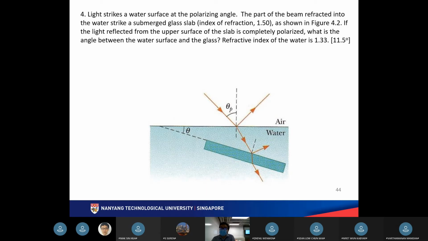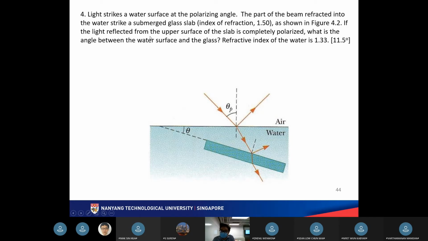Now we have light striking a water surface at the polarizing angle. The polarizing angle is the Brewster angle, so clearly this question tests the application of the Brewster formula, tangent theta equals n2 divided by n1. The part of the beam refracted into the water strikes a submerged glass plate, as shown in the figure below.